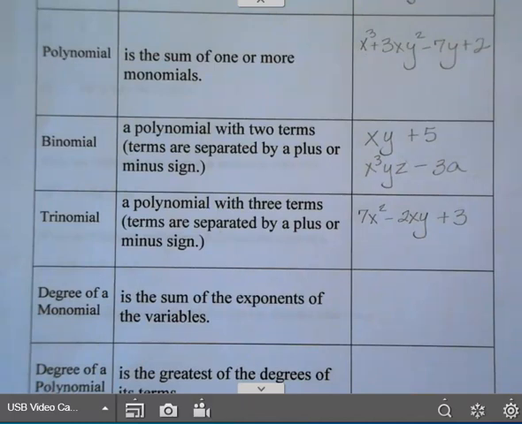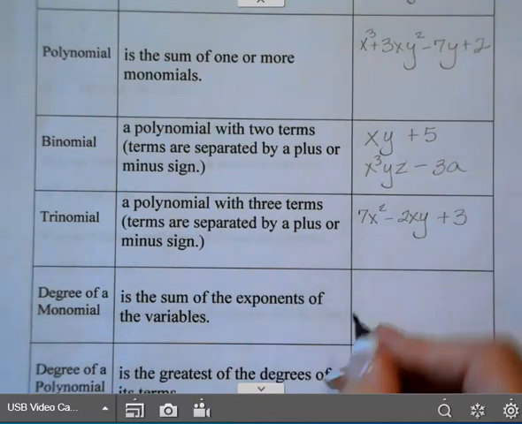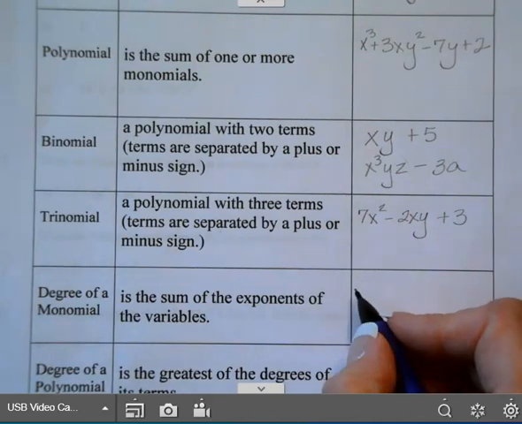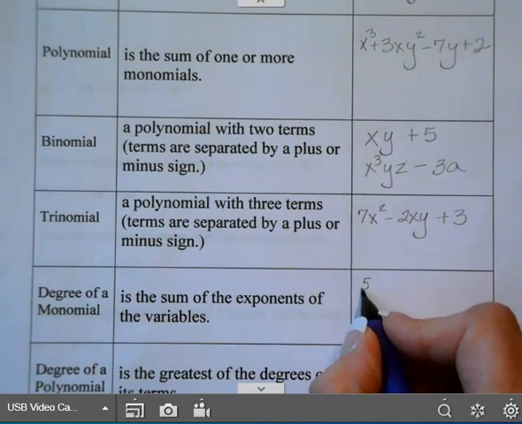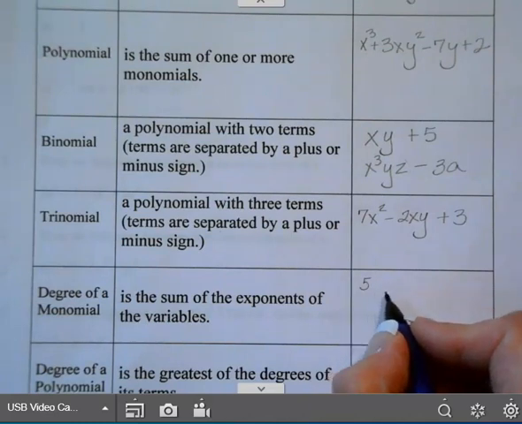The degree of a monomial is the sum of the exponents of the variables. So if I just have a number, like 5, I don't have any variables. So there are 0 variables. The degree of this is 0.